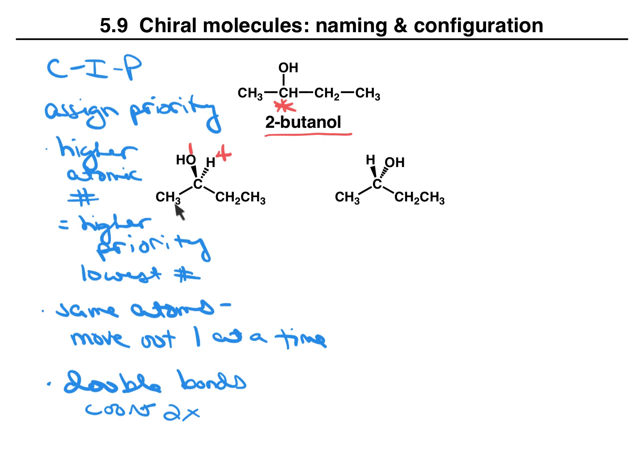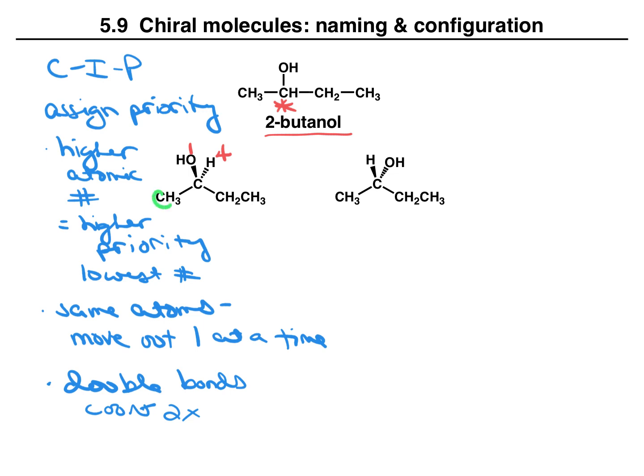Now we have a carbon compared to a carbon. These are equal to each other. So now we move out 1 atom at a time. This carbon is connected to HHH, whereas this carbon is connected to HHC.